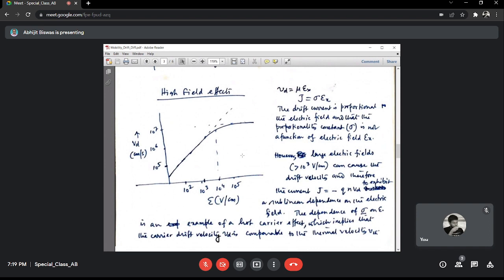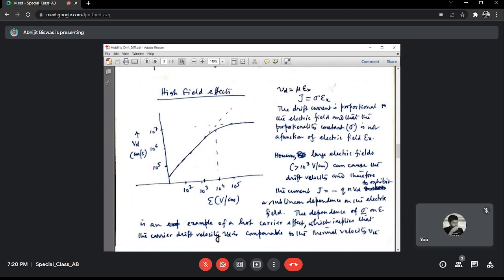It is less than the linear projected or extended curve. The variation becomes slower, and ultimately it saturates when the electric field exceeds 10 to the power 5 volt per centimeter. So this is the variation of drift velocity with respect to the electric field.